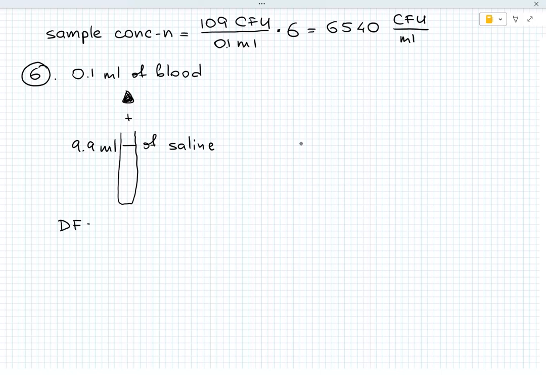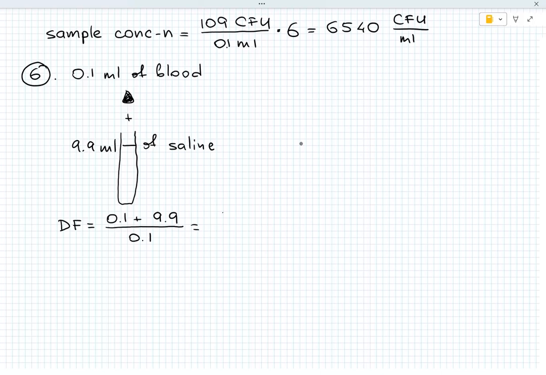What is the dilution factor for this? How do you calculate it? This divided by 0.1. Yes.